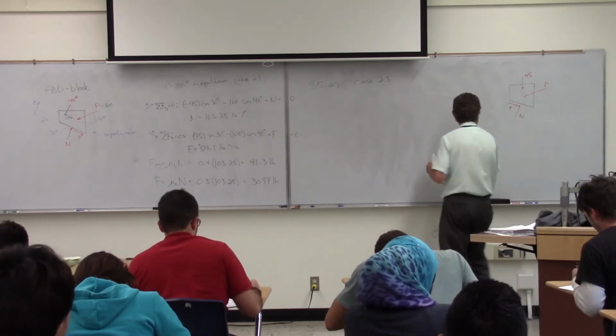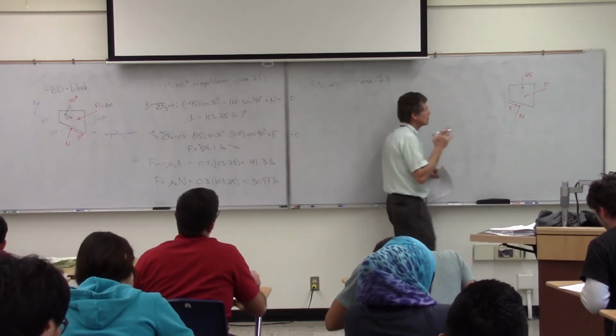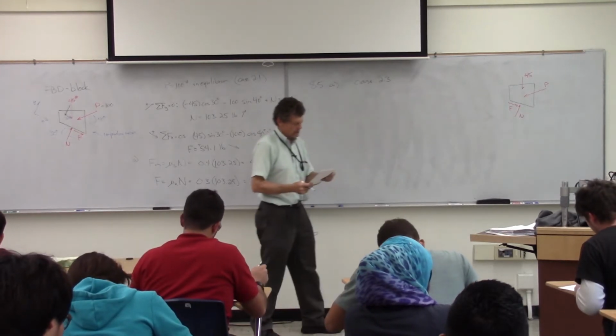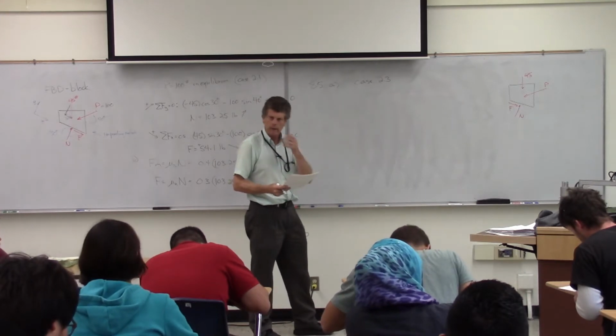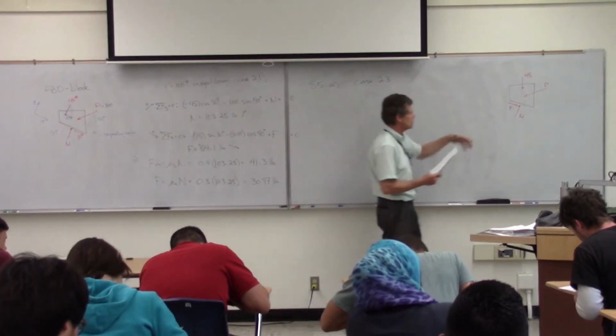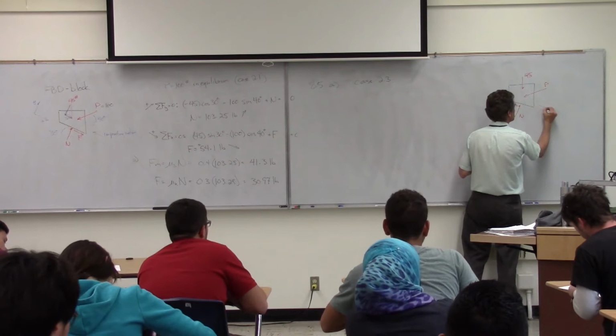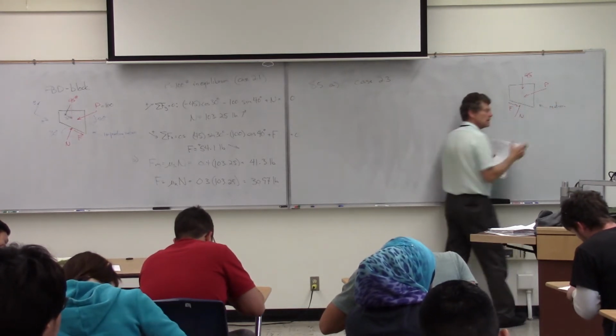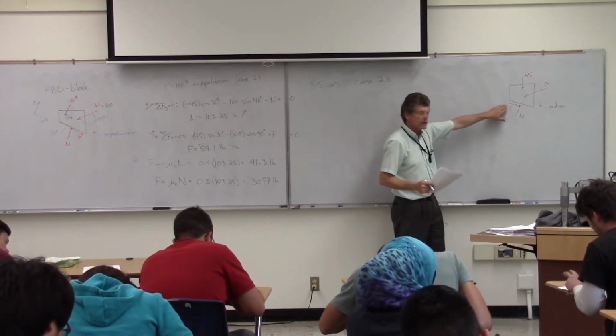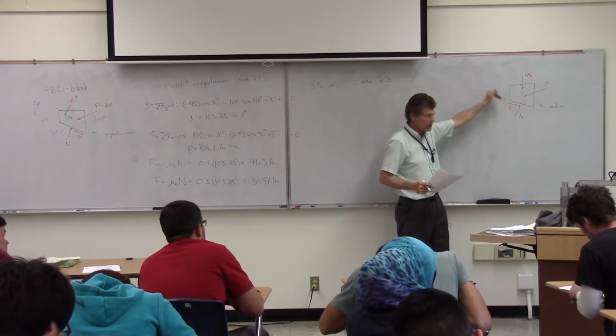Now for our first case, it's asking us to start the block moving up the incline. If it's moving up the incline, my motion will be like this, which implies I need to draw my friction force in the opposite sense.